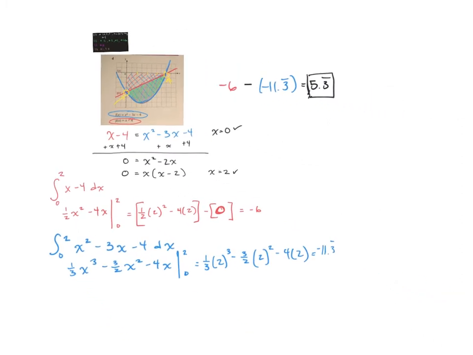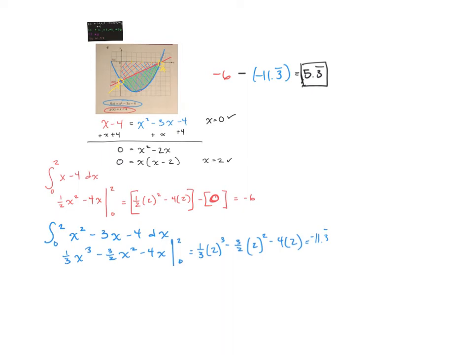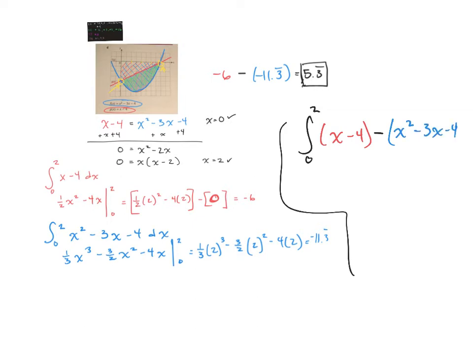The other way of doing it, and this time I'll use calculator style, is to take the integral from 0 to 2 of the red function, x minus 4, minus the lower function, x squared minus 3x minus 4, all of that dx, because the red function is on top, the upper curve.